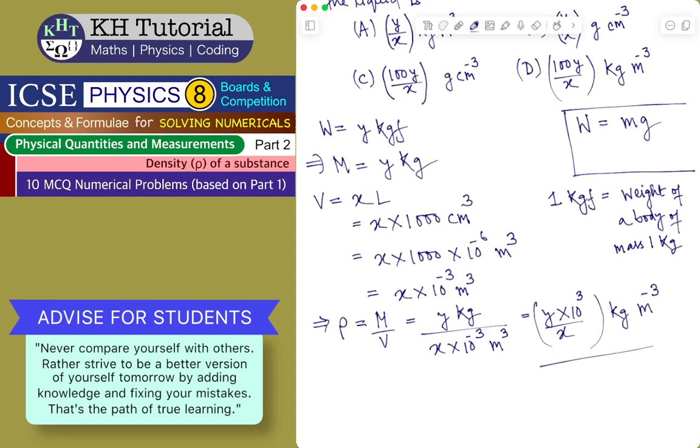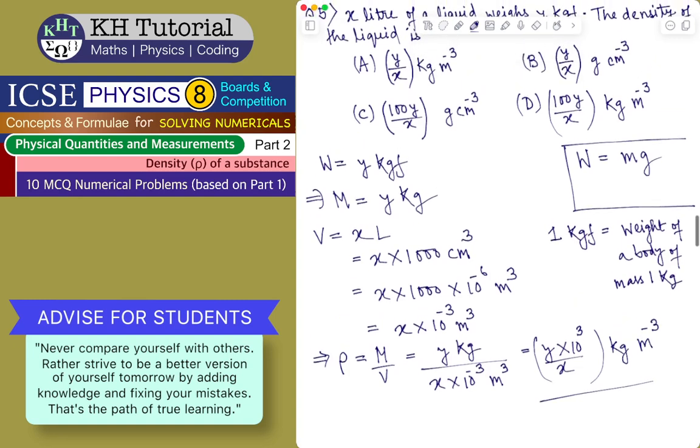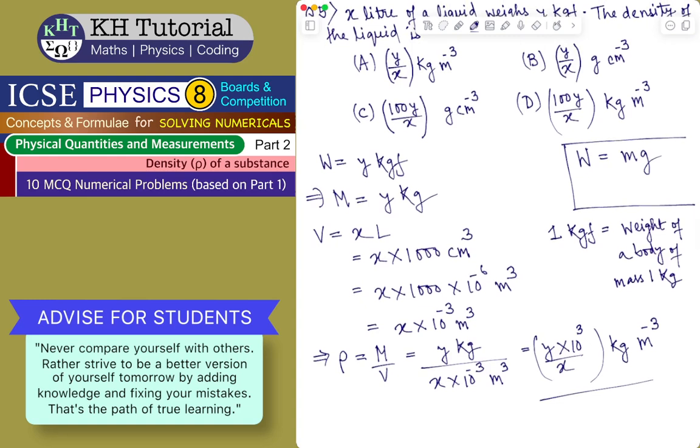So this is the value of the density in SI unit. Let me see if any of the choices matches. Choices A and D are given in SI unit. We can clearly see that the density we have found is 1000 y by x kilogram per meter cube, and it is not matching with any of the choices A or D.